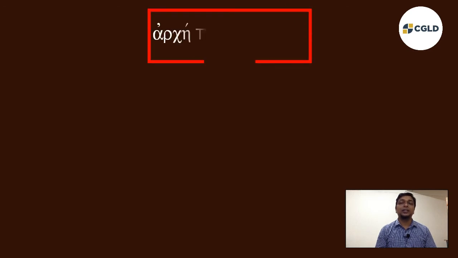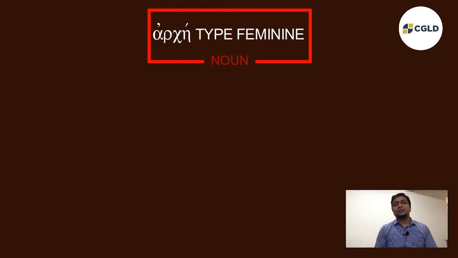We now come to the archetype noun or the feminine noun. Now, unlike the masculine and the neuter, when we begin learning about the feminine noun, at least in Graham Simpson's concept, we begin with the first declension.